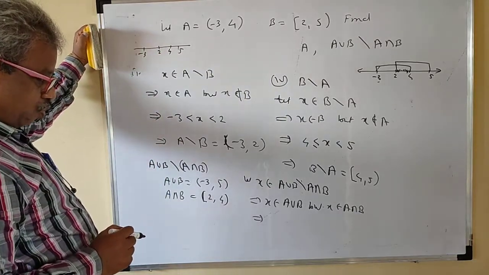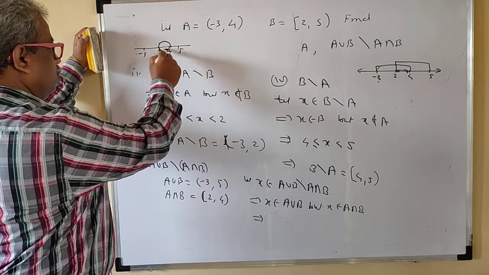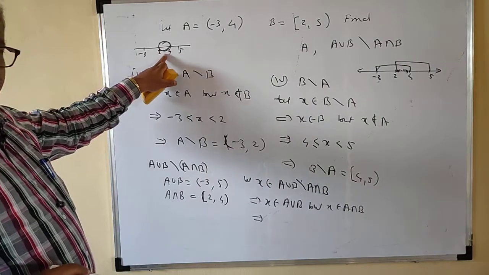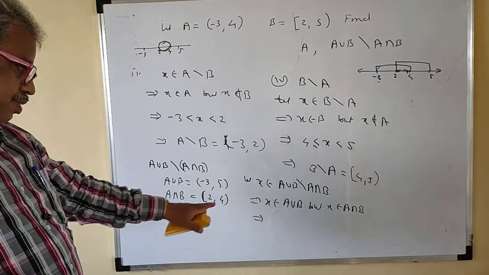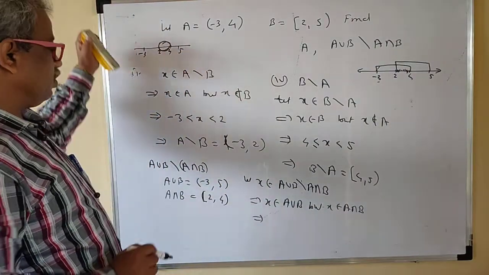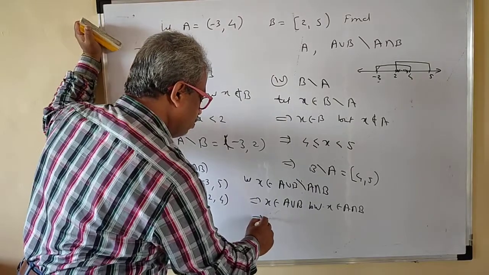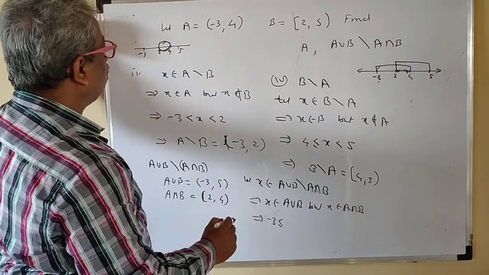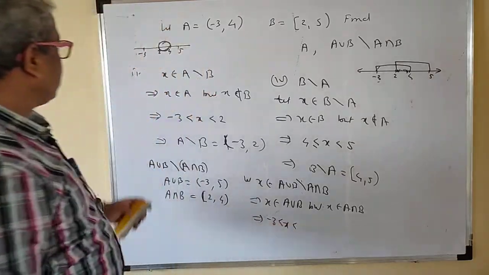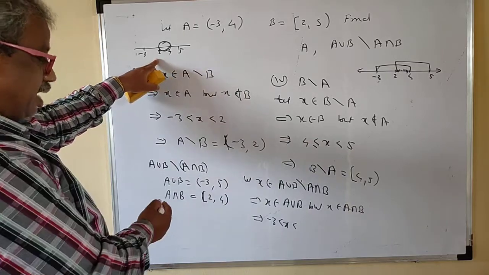So you want the elements which are in A union B but not in A intersection B, and all the rest are the elements of this. Now see here, minus 3 to 2, you can take x as minus 3 less than, strictly less than x, less than 2, since 2 is in A intersection B.